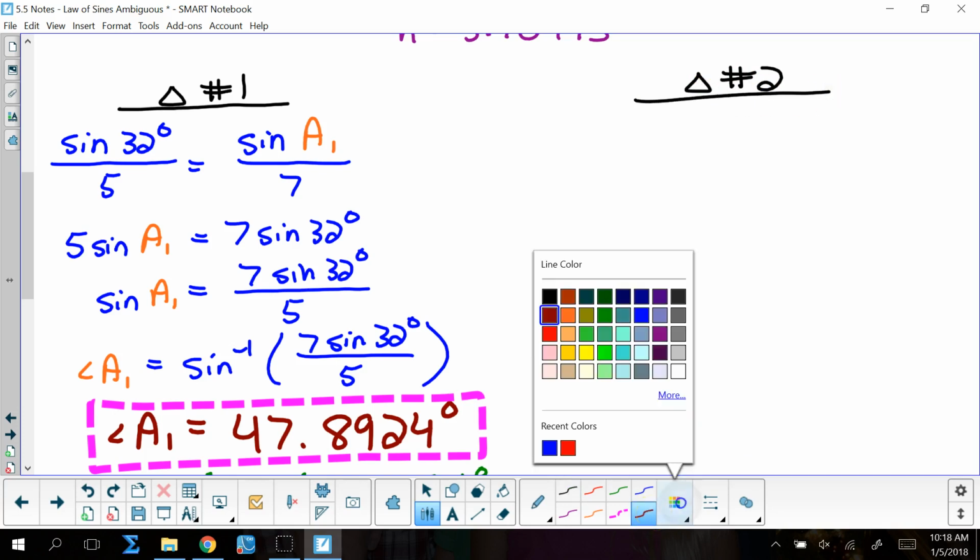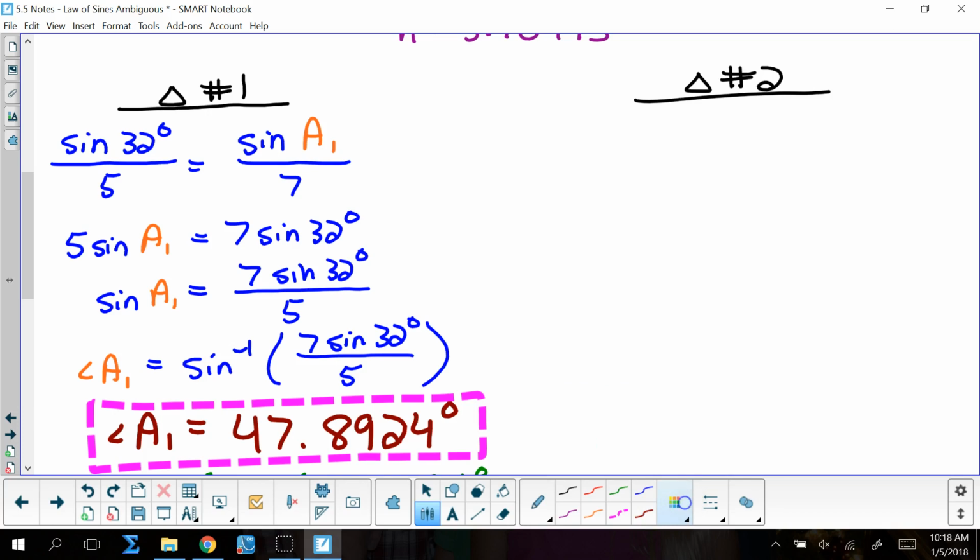Okay? So in triangle number 2, angle A sub 2 now is going to be 180 degrees minus angle A sub 1. We found angle A sub 1 in the first triangle.